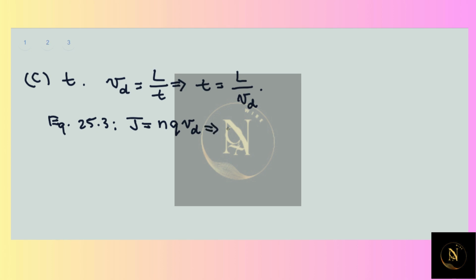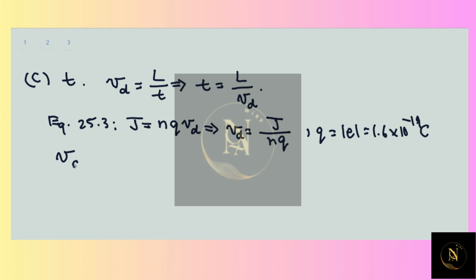Rearranging this to find the drift velocity, it is the current density over the concentration times the magnitude of the charge. And q is just the magnitude of the elementary charge, which is 1.6 times 10 to the minus 19 coulombs.